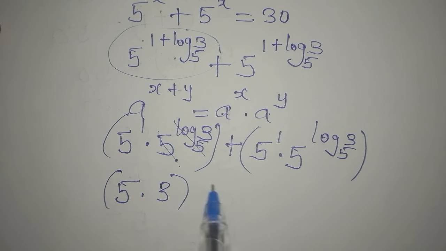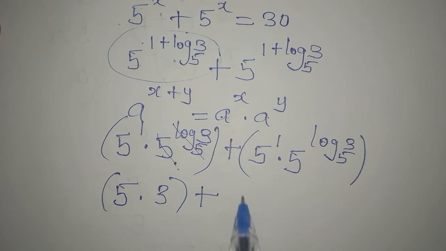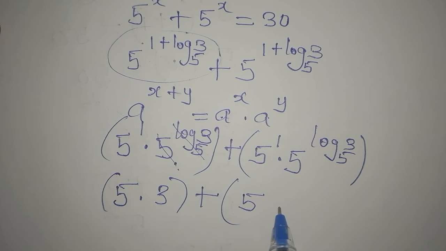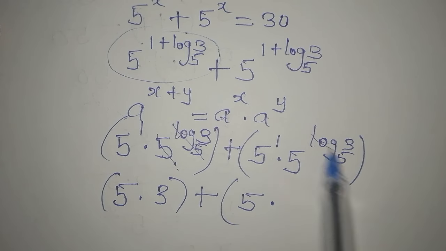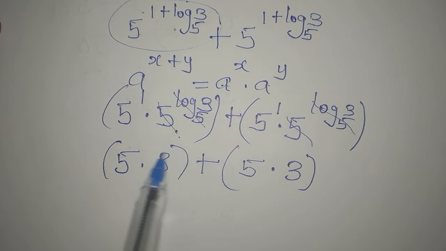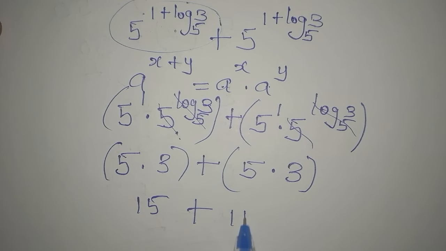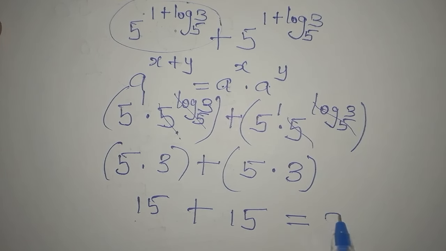Right? Then plus, on the other hand, 5 to the power of 1 is 5. So 5 multiplied by the same thing will happen here. So we have 3. Then at the end of the day, we have 5 times 3, 15, plus 5 times 3 again, 15. So 15 plus 15 will give 30.